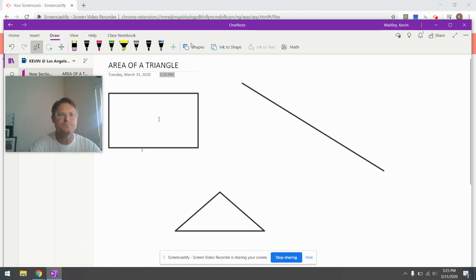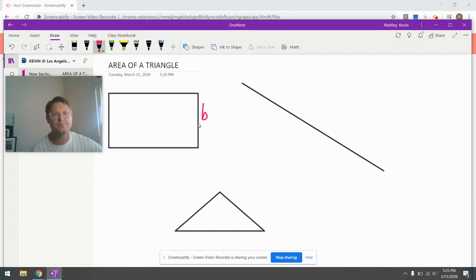Okay, so over here we have your plain old rectangle. It's no big deal. You guys know what to do to find the area of that. To find the area of the rectangle, you would just take one side, the length of the side here, whatever it is.